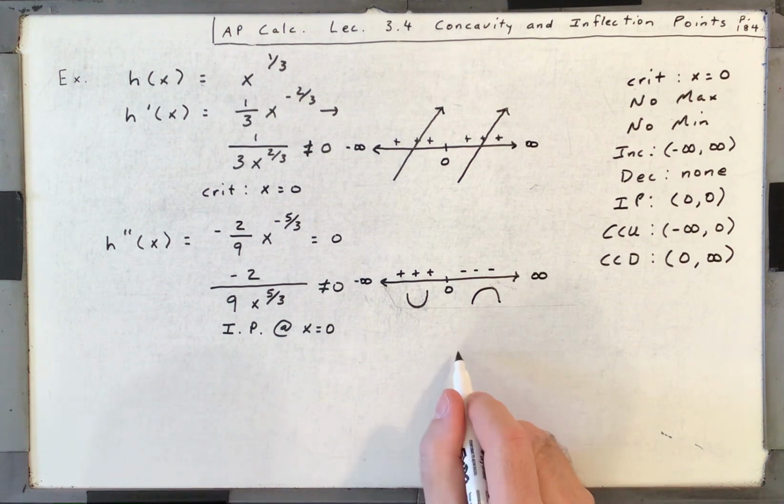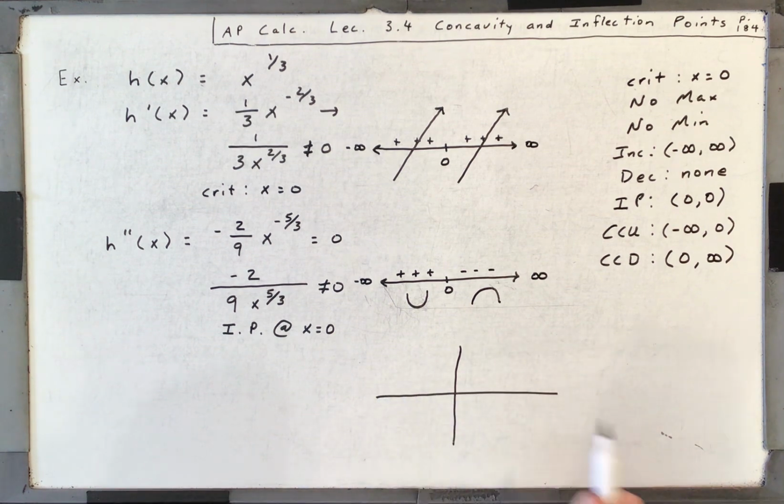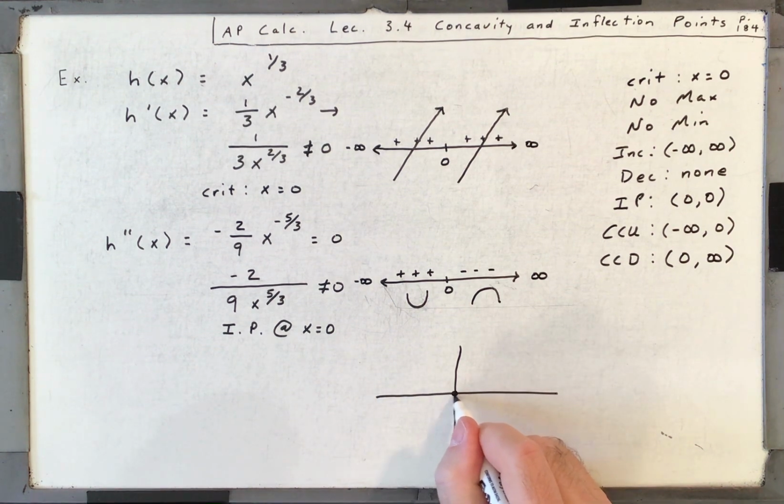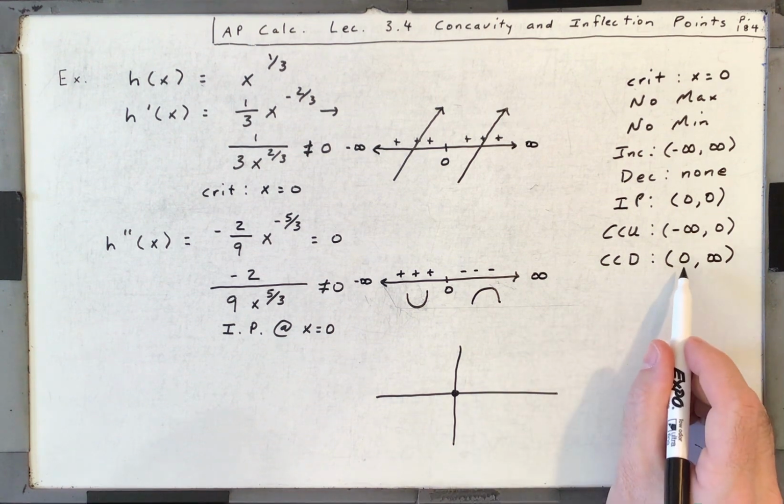Okay, now let's make a sketch of this graph. We have an inflection point at 0, 0. There's no max or min, but I know it's increasing the whole time, so it's always going to be rising. And I know it is concave up until you get to 0, right?